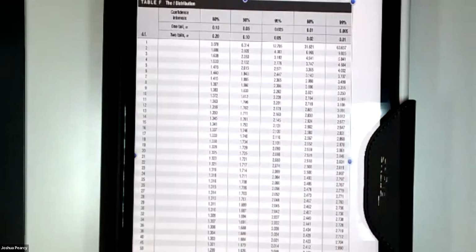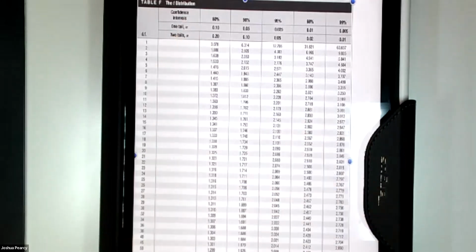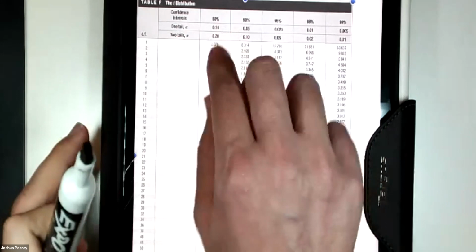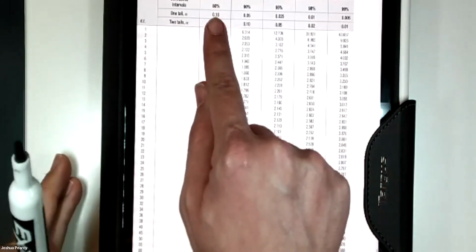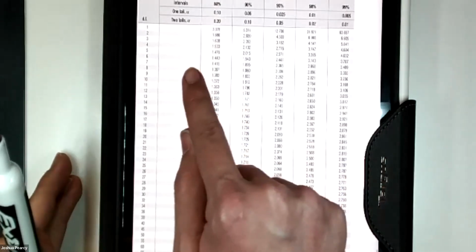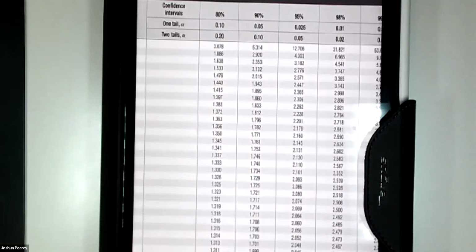So up here it says one-tailed, two tails. We want to look at one-tailed, and what is alpha? Alpha is 0.1. And what is the degrees of freedom? 7. So alpha is 0.1, which corresponds to this column right here, the first one on the left. And the degrees of freedom of 7, if you intersect those two, you get 1.415. And since it's a left-tailed test, we take that value and make it negative.